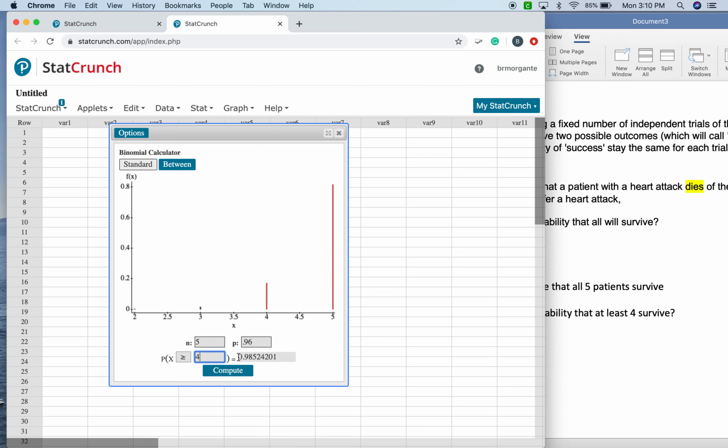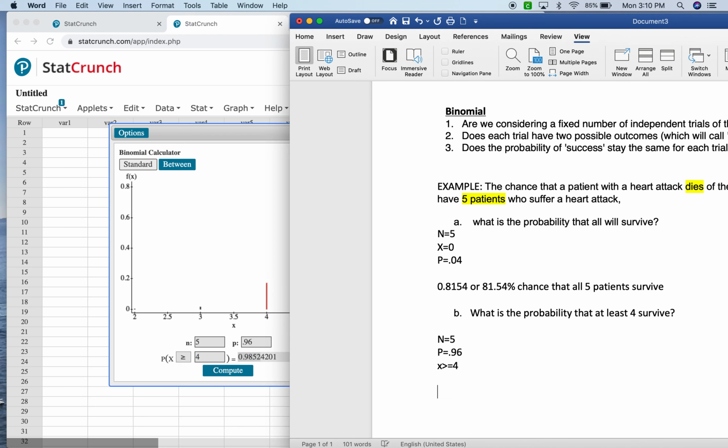And that's 0.9852, or 98.52% chance that at least 4 patients survive.